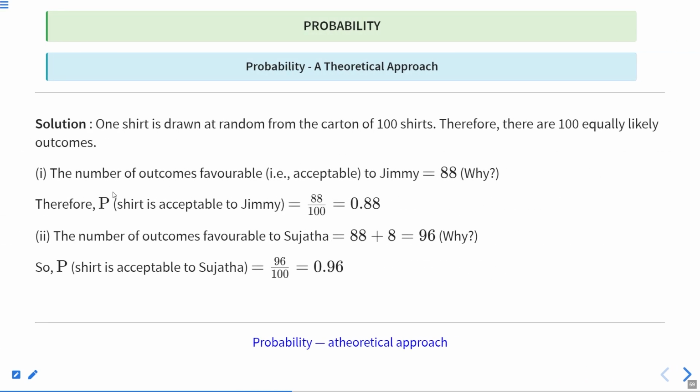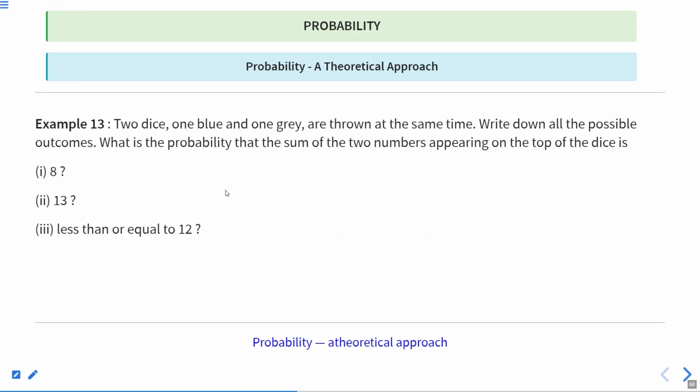So the number of outcomes favorable to Sujatha is 88 plus 8, that is equal to 96. And so the probability that the shirt is acceptable to Sujatha is 96 by 100, and this is equal to 0.96. Okay, and let us see the next example.